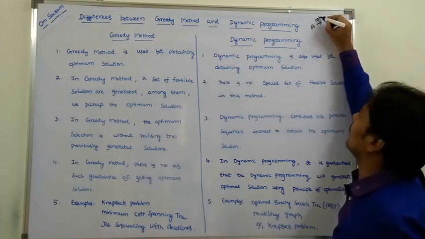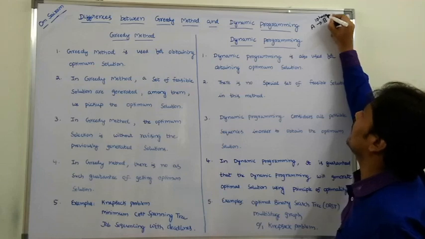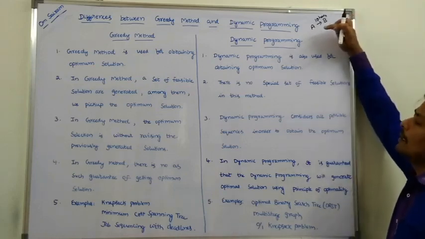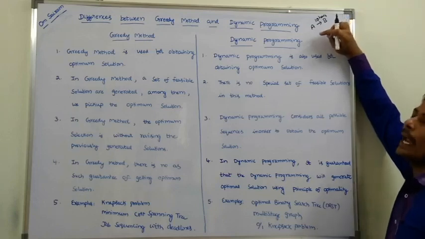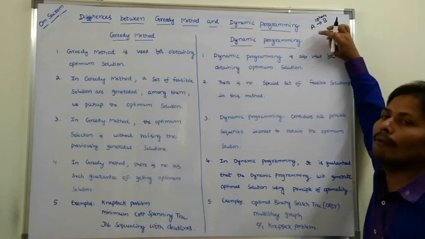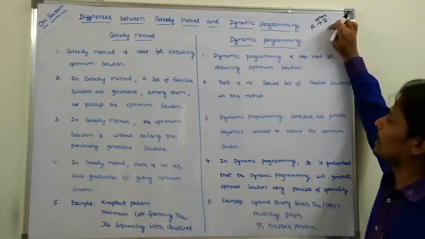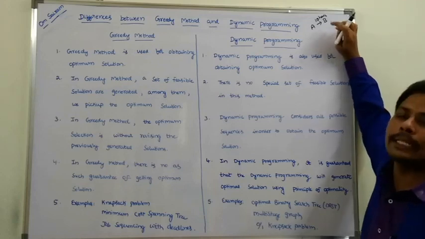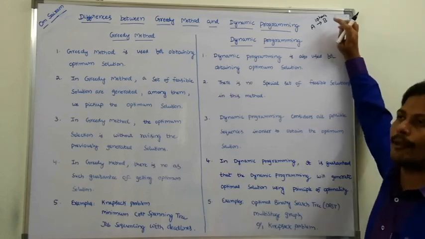Suppose a person is at a place A. So he wants to travel from A to B. The travel should be completed within 10 hours is the constraint.